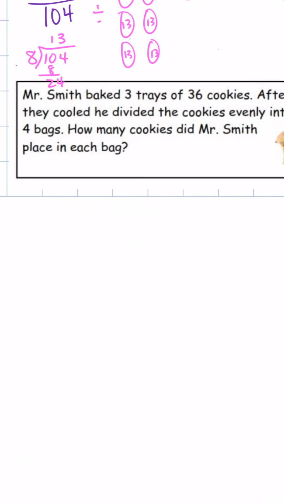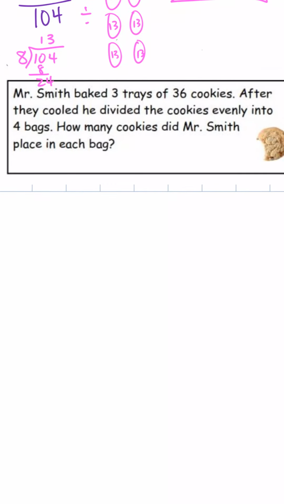Okay, and our last one. Mrs. Smith baked 3 trays of 36 cookies. After they cooled, Mr. Smith divided the cookies evenly into 4 bags. How many cookies did Mr. Smith place in each bag?